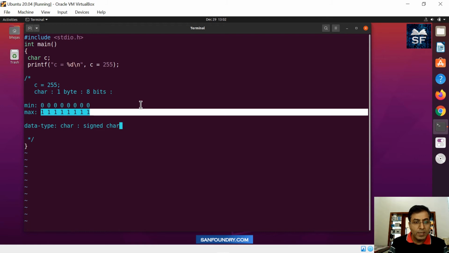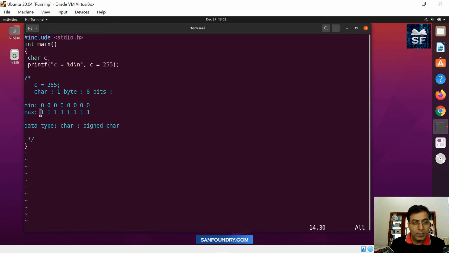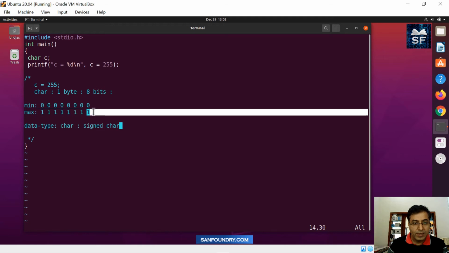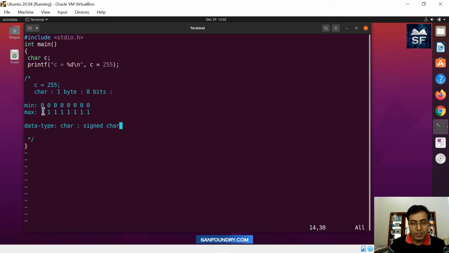When you say signed character, some of you already know the 2's complement notation, or you understand that this bit is also known as the most significant bit. This is the least significant bit, and this is the most significant bit, and the most significant bit is used to store a sign. I think that's where the hint and the answer lie.